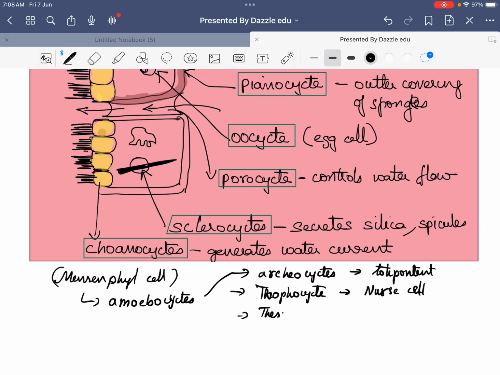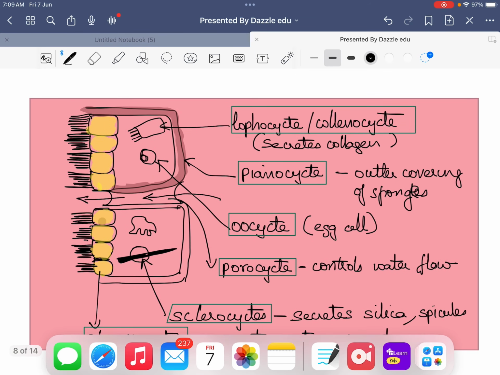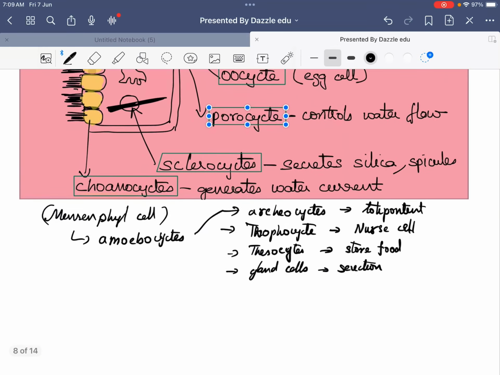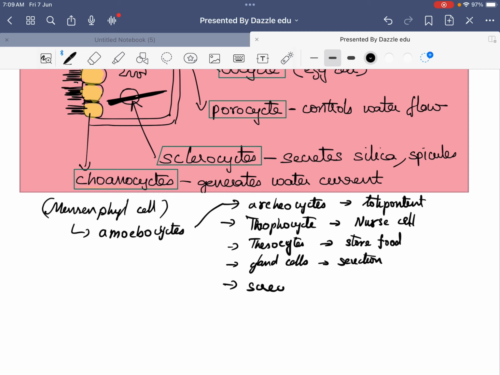Followed by, we have thesocytes, which are involved in storing the food material, and gland cells are produced. Gland cells help in secretion. Collocytes, we have already seen, are meant for spongin fiber formation or collagen secretion. And then we have also sclerocytes, which produce materials such as spicules.